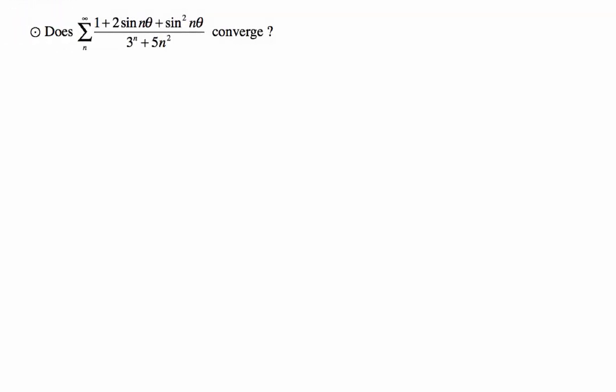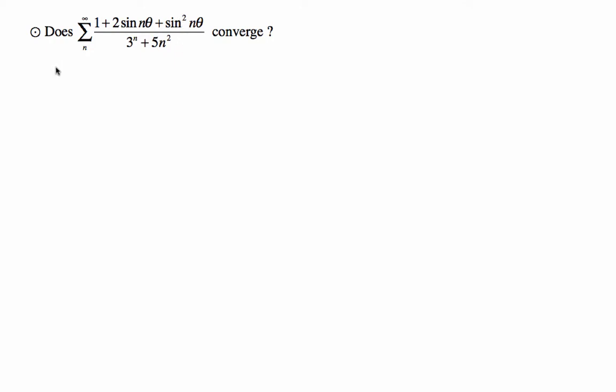The sandwich or the comparison test can actually be very useful for helping us decide whether infinite series converge or diverge. So look at this infinite series over here. It is fairly complicated, but the only thing that matters in deciding convergence is how this term over here behaves when n becomes very, very large.